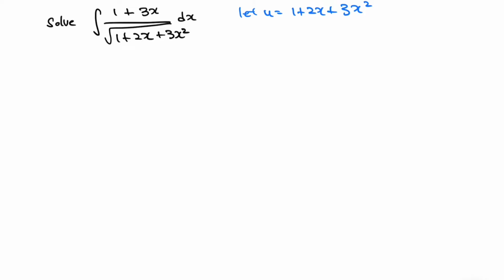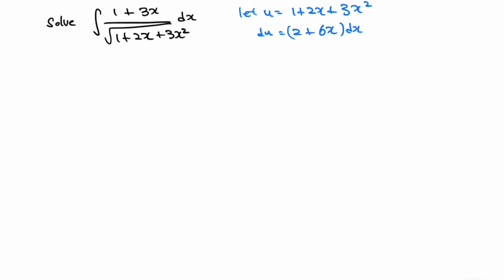And if I take the derivative, I'll get 2 plus 6x, all of that dx. Now I look at the original question and see if this will work, and I see that for the numerator we have 1 plus 3x, but our du is 2 plus 6x dx.